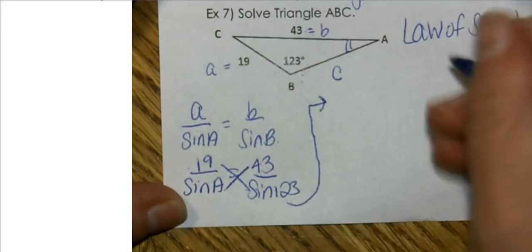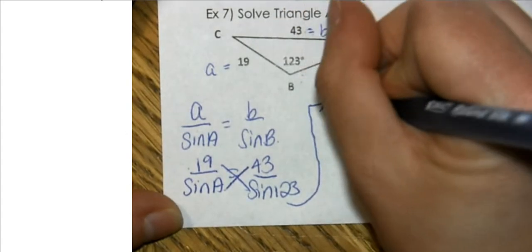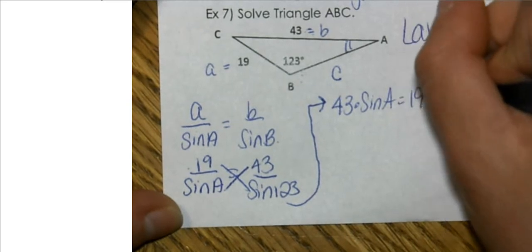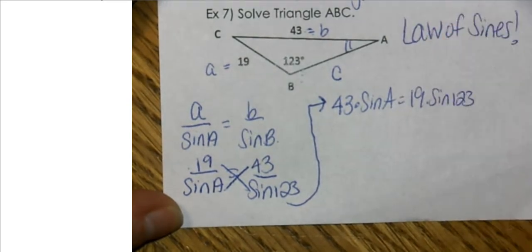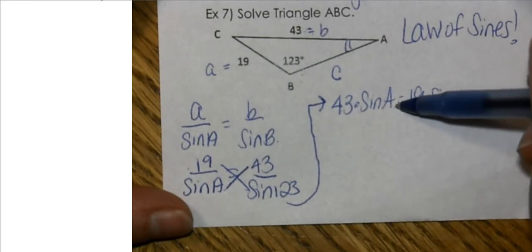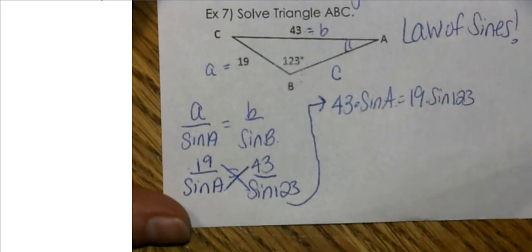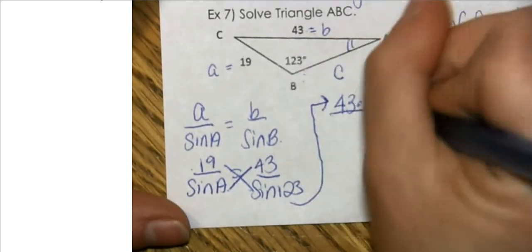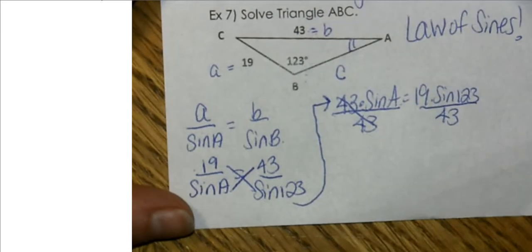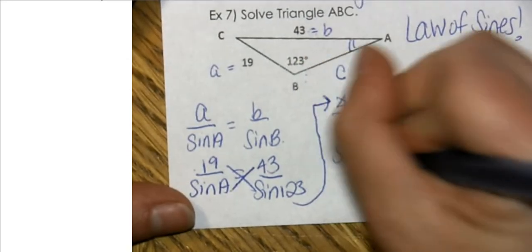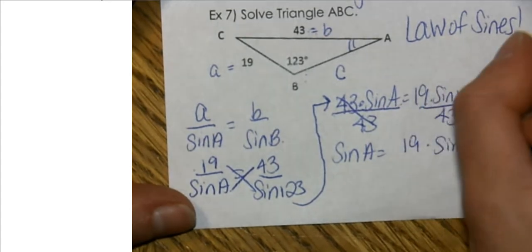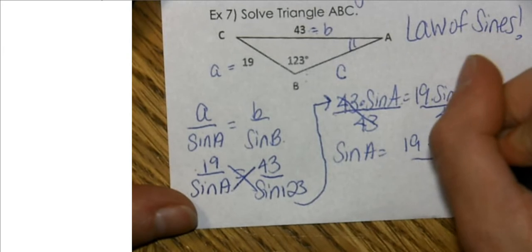When I do that, I end up with 43 times the sine of angle A equals 19 times the sine of 123. So now I need to get the sine of angle A alone so that I can eventually work with inverse. So that means I'm going to divide both sides by 43. I'm left with the sine of angle A is equal to 19 times the sine of 123 divided by 43.